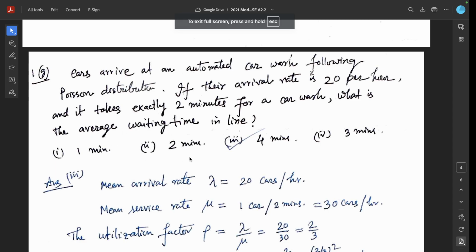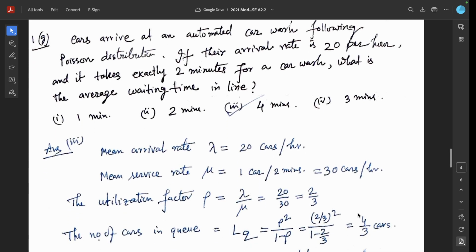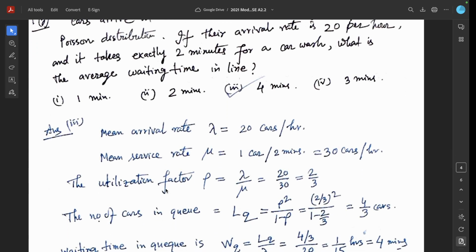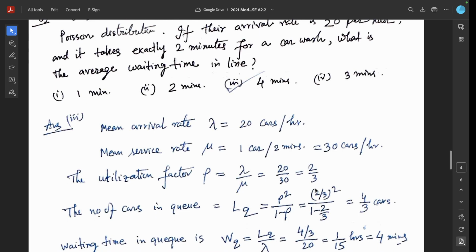And this is the queuing model M/M/1 with infinite capacity, FCFS. The mean arrival rate lambda is 20 cars per hour, and the mean service rate mu is 2 minutes for one car, so 30 cars per hour. And the utilization factor rho is equal to lambda by mu, which is equal to 2 by 3.